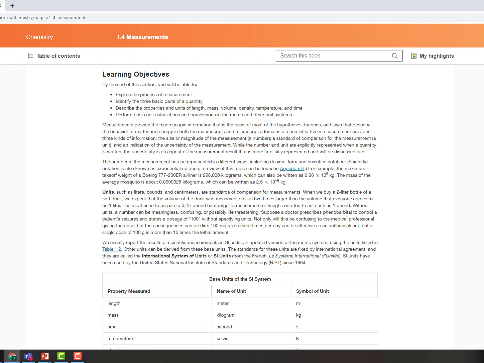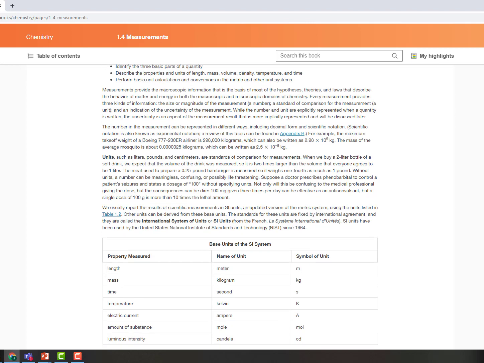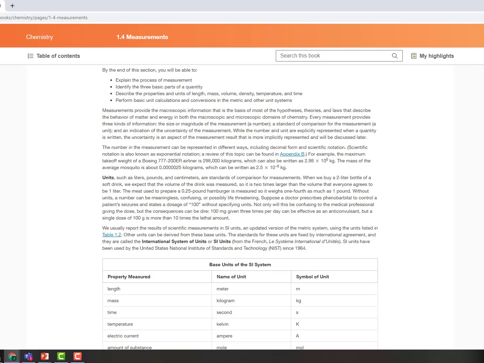So let's go ahead and get started with this. I want to just point out a few things in this first paragraph. This is where we talk about the three parts of a quantity or of a measurement. There are three kinds of information that show up. The size or magnitude of the measurement. So that's basically, what is the number? Is it 1.4?